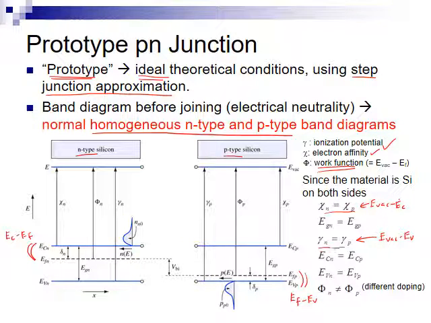But you have to take note that the work function is given by EVAC minus EF. Since the position of EF for N-type and P-type is different, the work function for N-type is not the same as the work function for P-type. So in short, before joining, both N-type and P-type silicon have the normal homogeneous band diagrams.